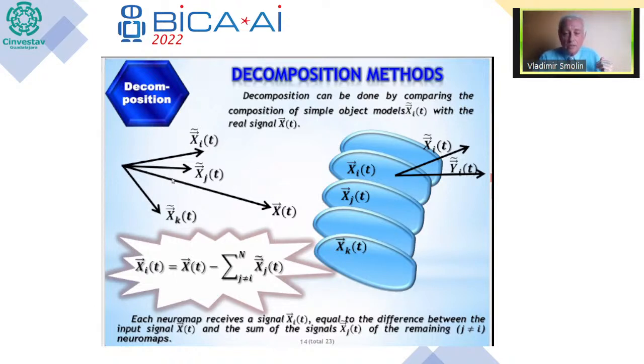When we are looking at some complex scene, we can outline some simple objects from this scene, reproduce their vectors, make the sum, and compare what was composed to the real sensor signal.